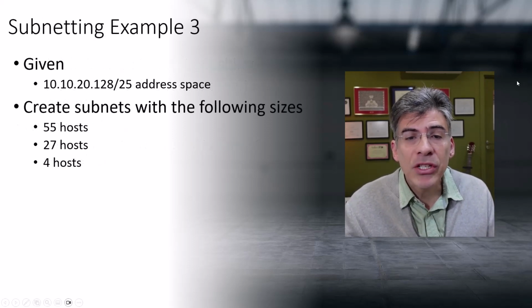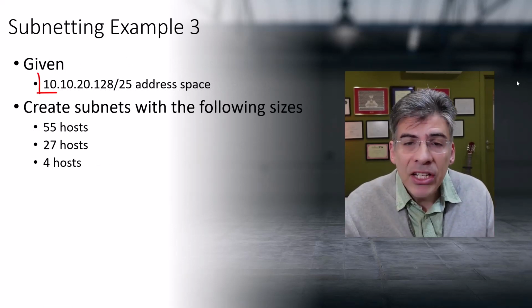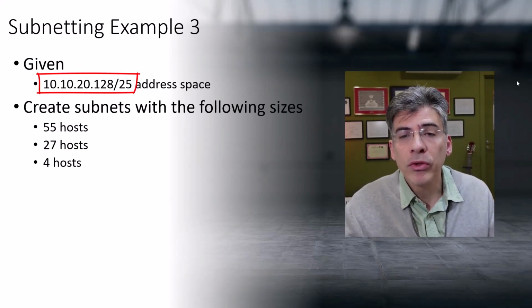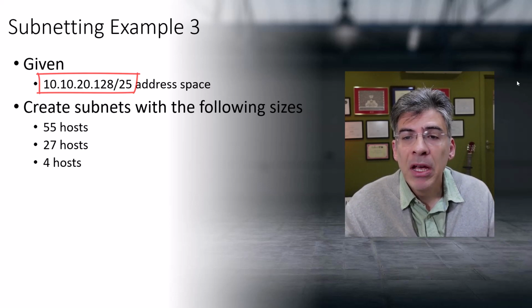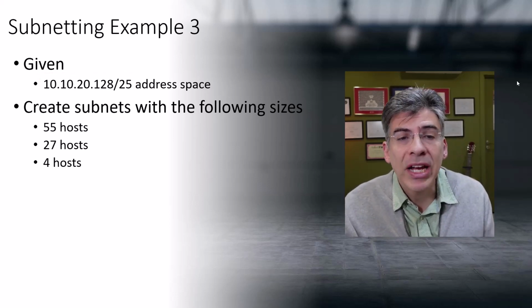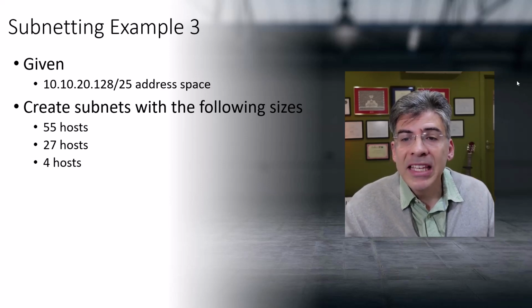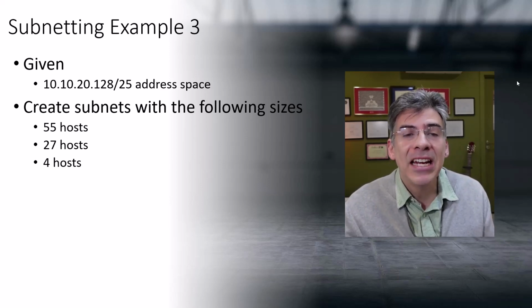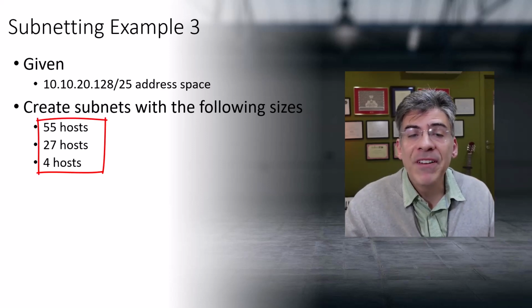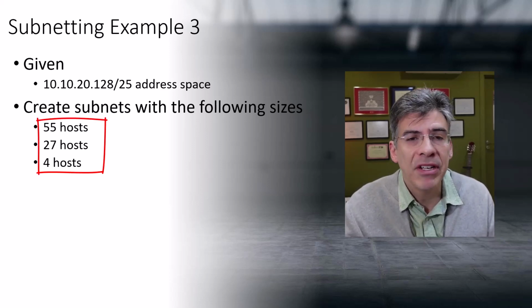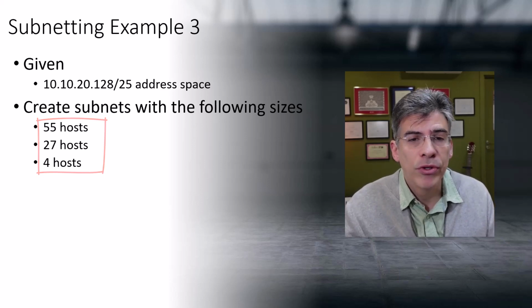So the address space we are given is 10.10.20.128/25. From this address space, we are asked to create 3 subnets of various sizes for an enterprise network. These subnets will have an expected number of hosts as shown here. One subnet will have 55 hosts, the other 27, and the third 4 hosts.